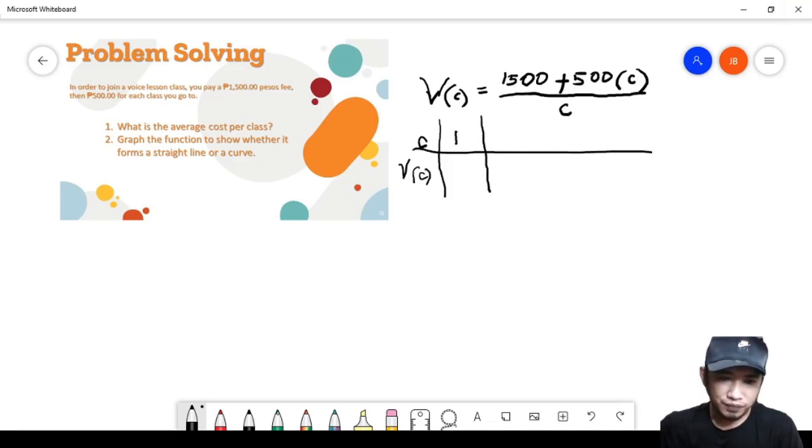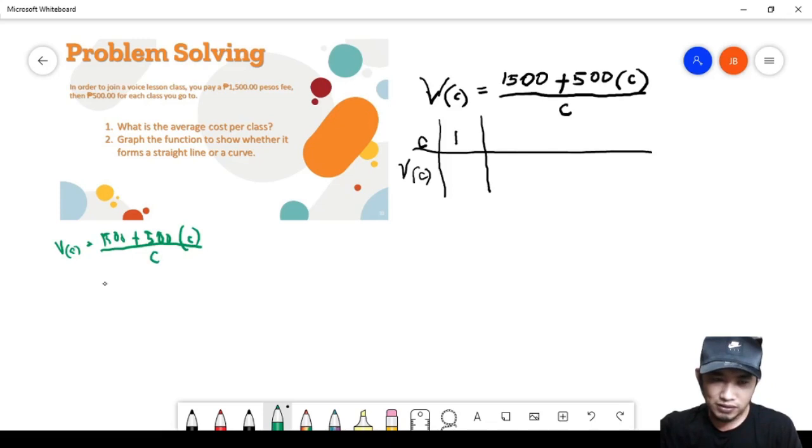Your function is V of C equals 1,500 plus 500 times C, divided by C. How much will you pay when C is equal to 1?